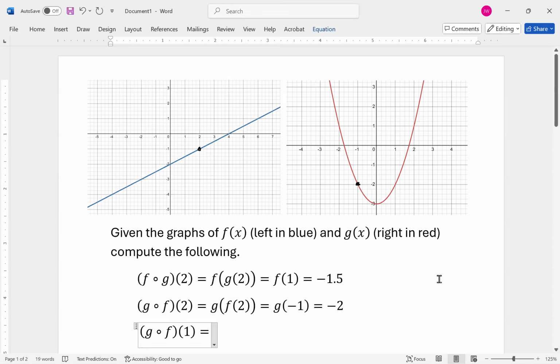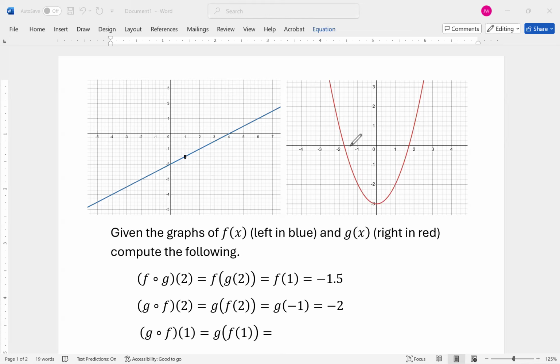Lastly, g of f of 1. Plug in 1 into f. Remember, the f is on the left-hand side. Let's clear those other points. When I plug in 1 into my function f, I get a negative 1.5 as my output.